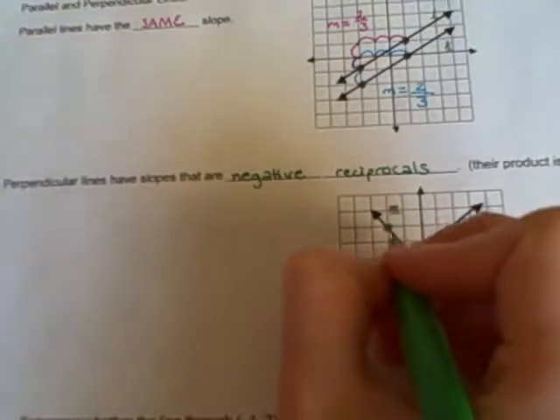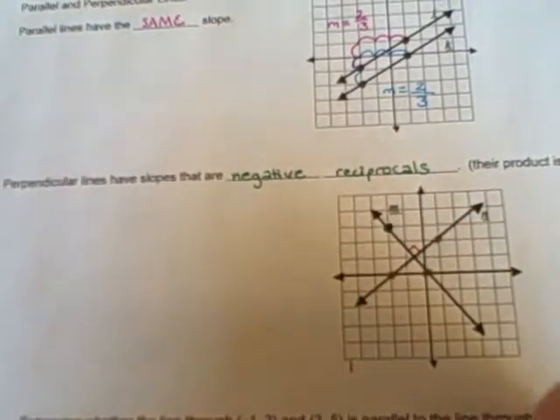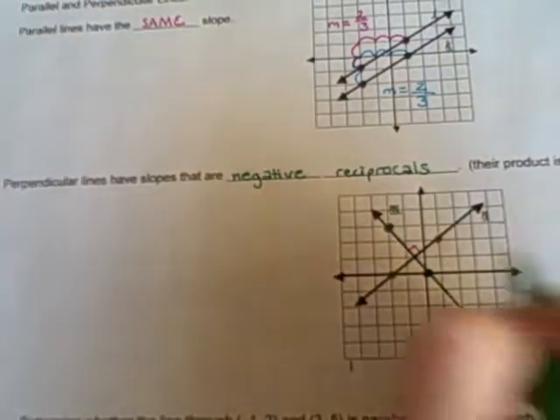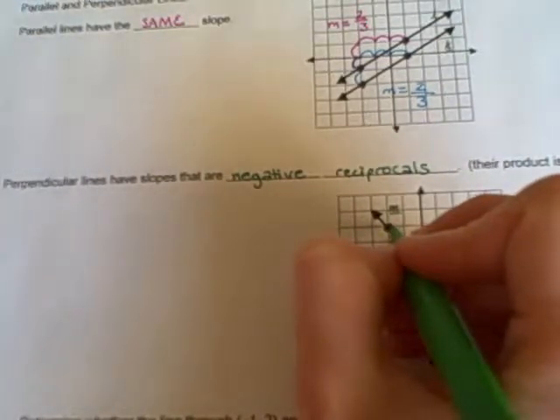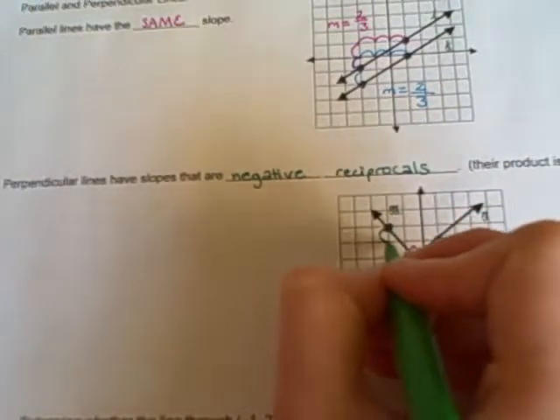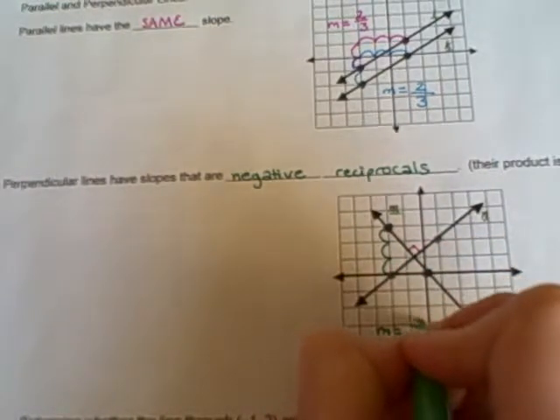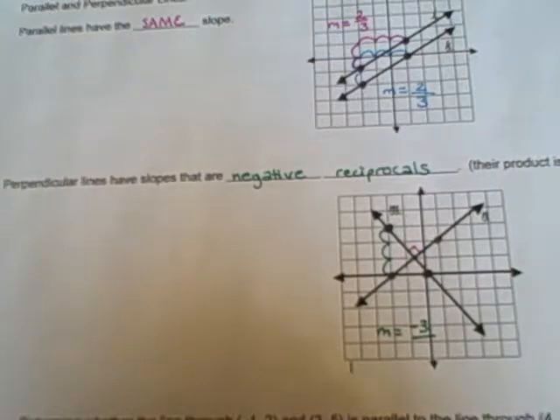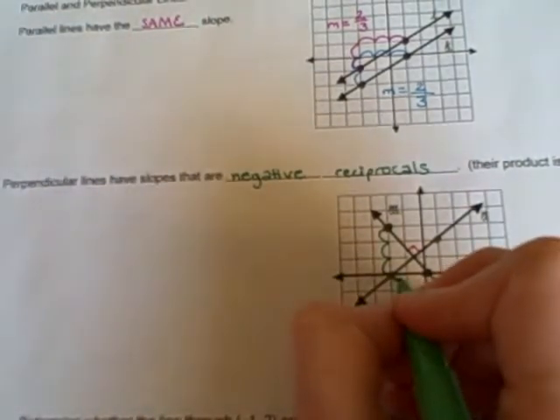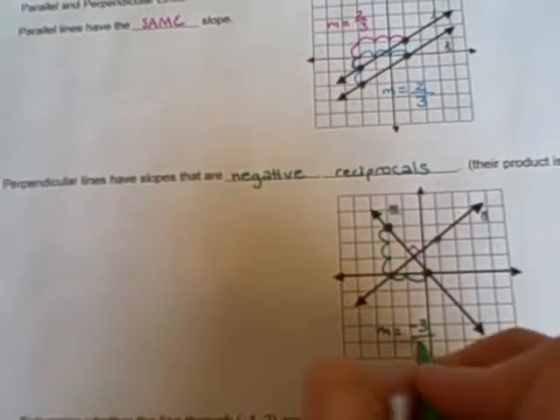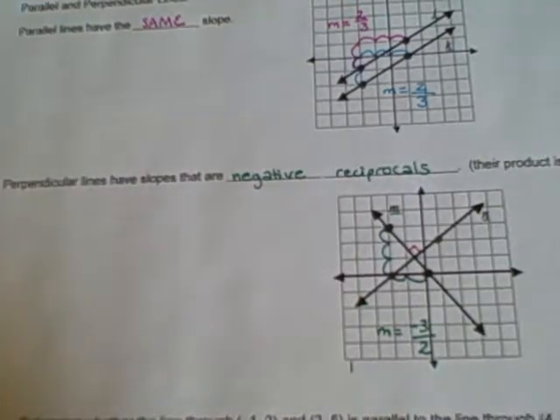On these two lines, if I count starting at the left point and go down to this point, I go down 1, 2, 3. So I would write that as -3 for my rise, and over 1, 2. So it looks like this line has a slope of -3/2.